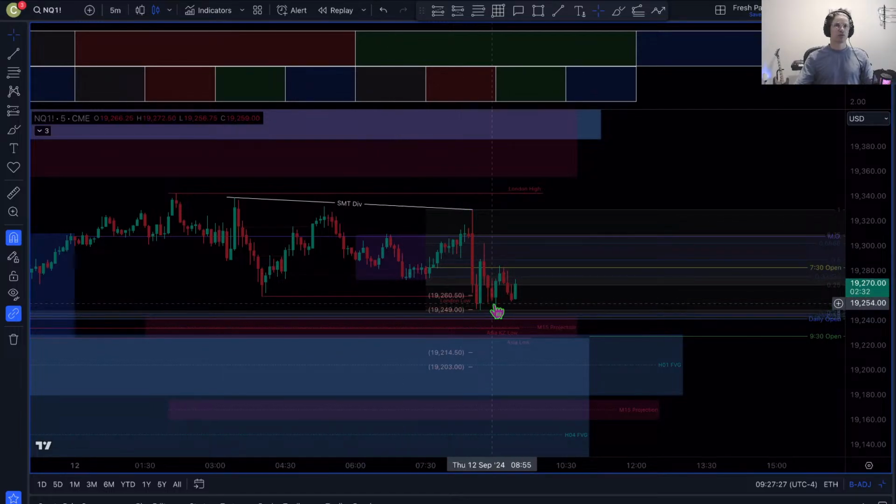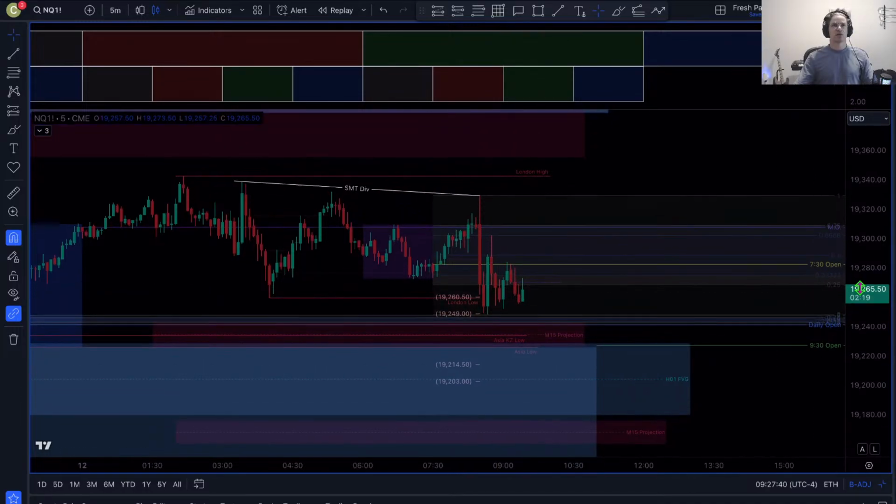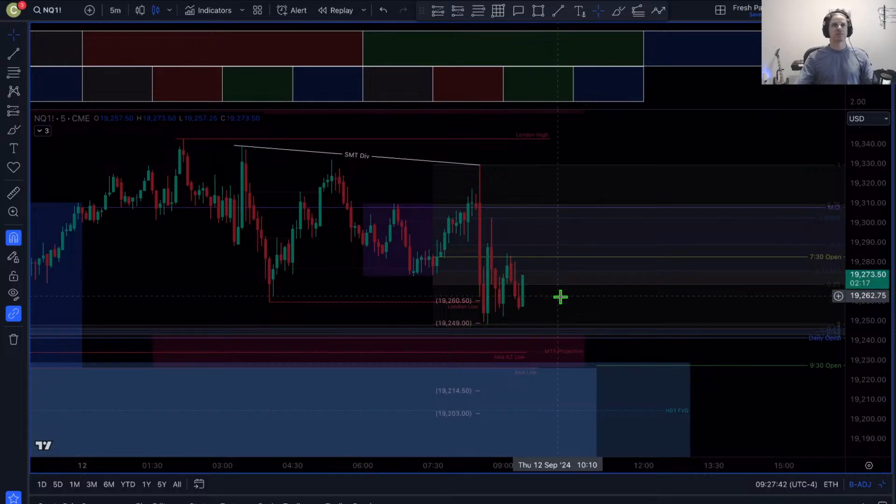See, we swept this short-term low right here. We did break and close above that, but that just brought us back to the 730. We're getting a reversal off. Notice that we closed below here as well. So we're sort of trading in that. We've got this volume imbalance right there.